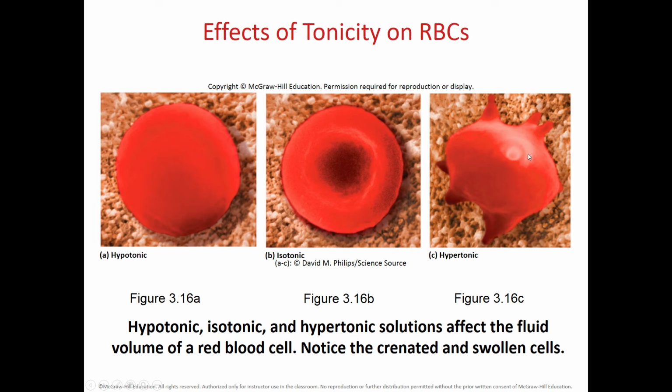Now, if you put a red blood cell in a hypertonic solution, in which you have a lot of solutes, this cell will start losing water, because water will follow the solutes found within this hypertonic solution. So the cell will crenate, shrink or dehydrate.